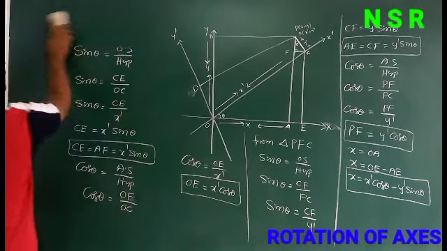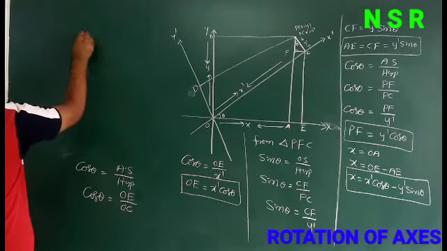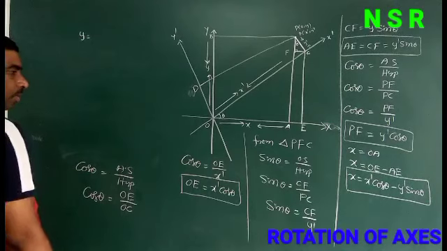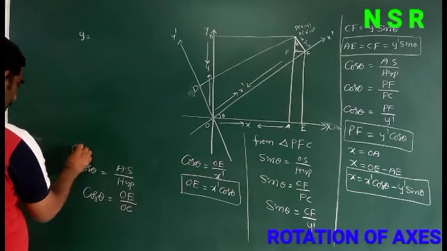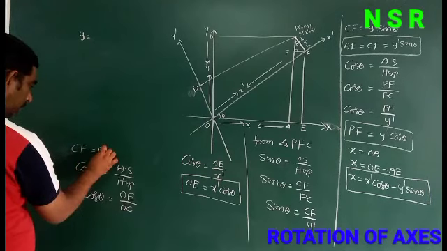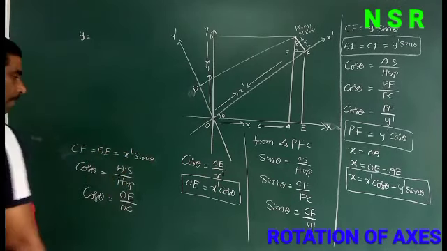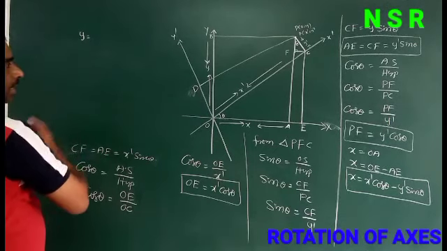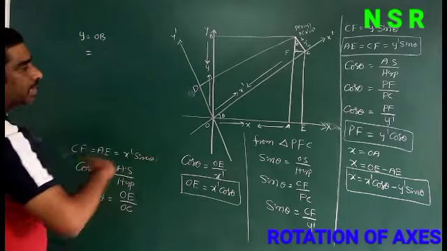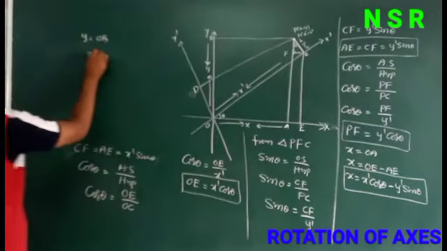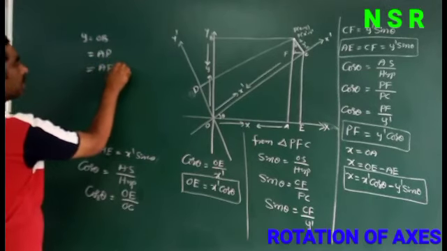Again apply here for y. So y is equal to OB, and OB is equal to AP. Already here CF equal to AE equal to x dash sin theta. So AP we can write as AF plus PF.